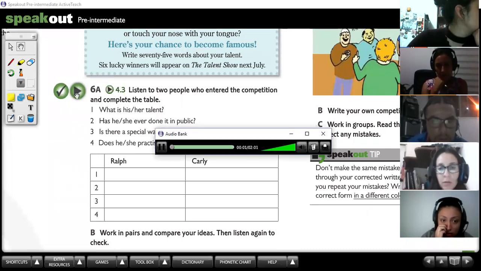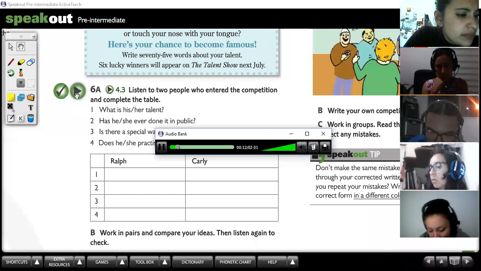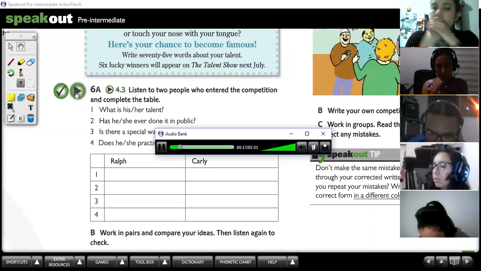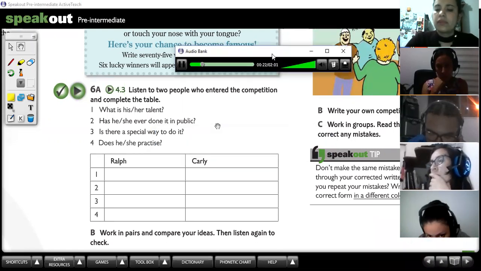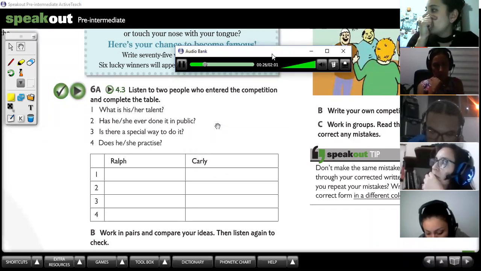Unit 4. Recording 3. 1. So, Ralph, can you tell us a bit about your secret talent? Well, I started drawing people when I was very young. Okay, what sorts of drawings do you do? Mostly cartoons. What I do is I draw cartoons of people when I'm sitting in cafes or when I'm on the train. And I can do a face in about 15 seconds. So they're like caricatures?